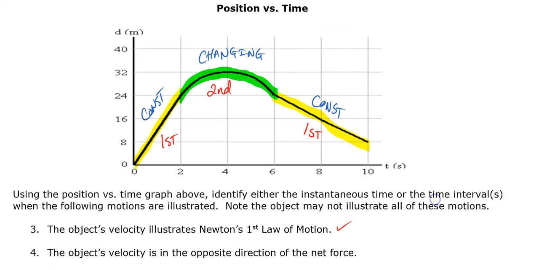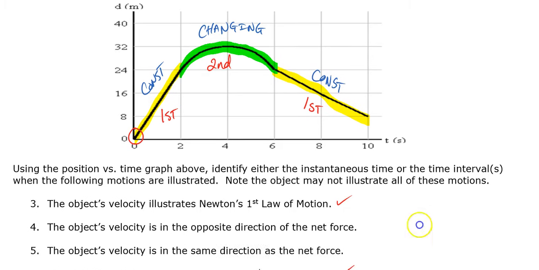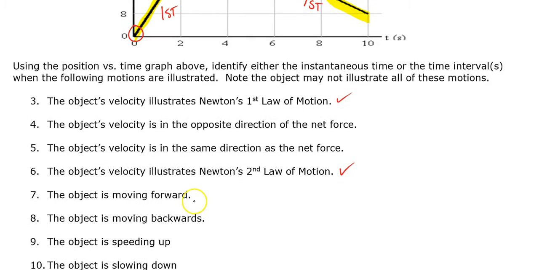What do they mean by moving forward? So just away from the reference point, right? So is that one easy or hard? Pretty easy, right? That's pretty easy to read. The object is moving backwards. It's coming back towards the reference, so that's easy.